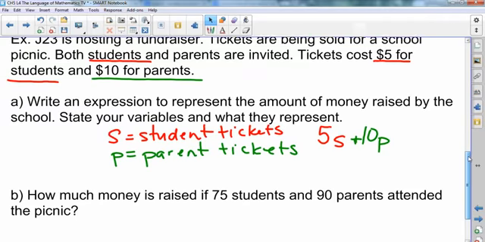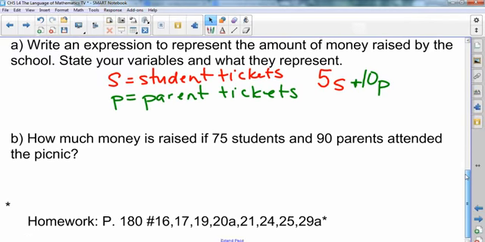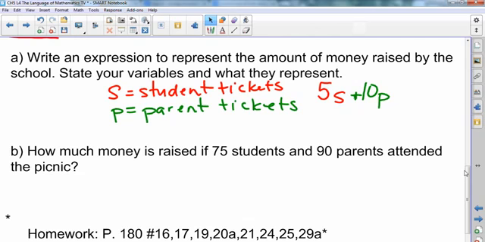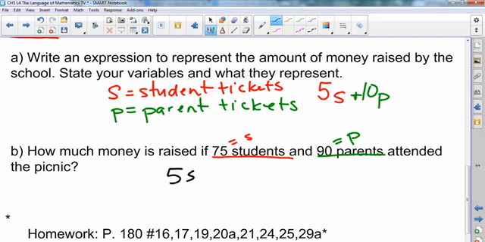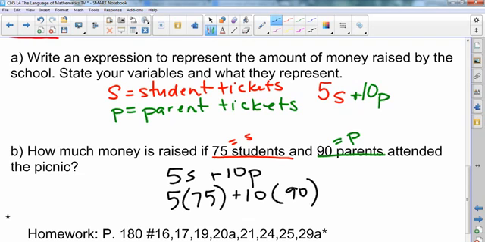10 times 10. So now we're saying, okay, well, we know that 75 students went. So that's our S value. And 90 parents went. That's our P value. So we want to know what do we earn? So 5S plus 10P. So 5 times the student tickets, which was 75, plus 10 times the parent tickets, which was 90.